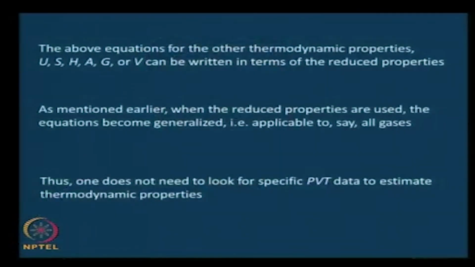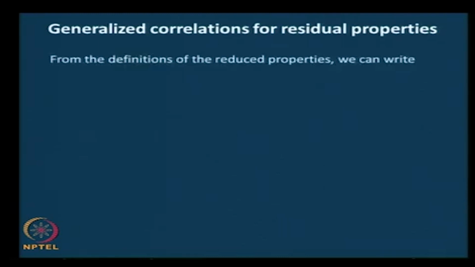To do that, we had used the residual properties formulation, and then we said that we are going to look at things in terms of reduced properties, and in such a case you do not need specific PVT data, the correlations that are given would be applicable to almost all gases in general with a few exceptions. And so, let us look at those generalized correlations to the extent possible today.